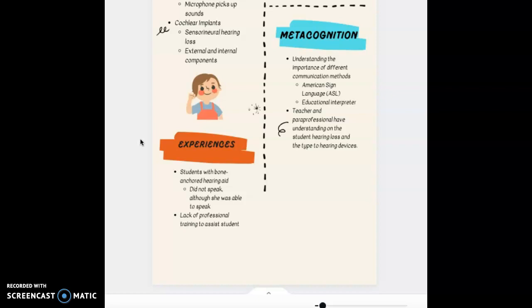So stuff like that really impacts paraprofessionals and teachers, and I think it's really important for us to understand how these devices work and how to make sure that we can help these students at school. And from this I believe that there's a lack of professional training to assist these students. So I think we should advocate more for these students in the future and even presently to understand these types of devices and how to help them.